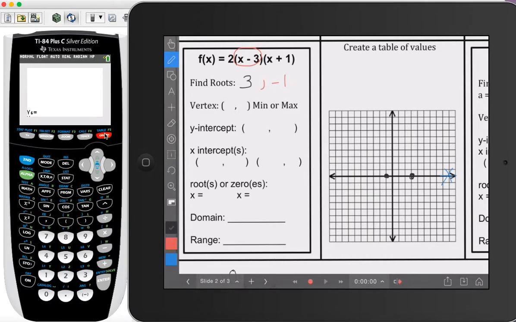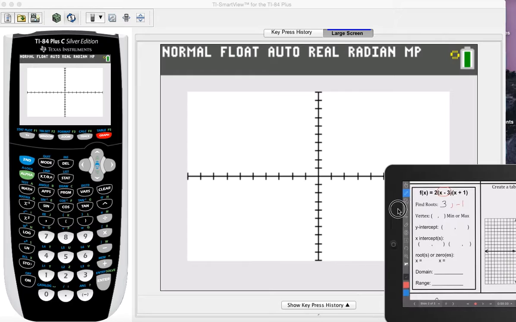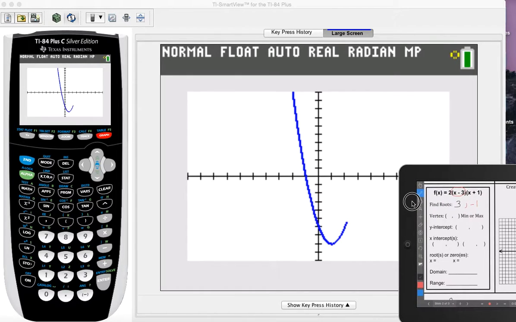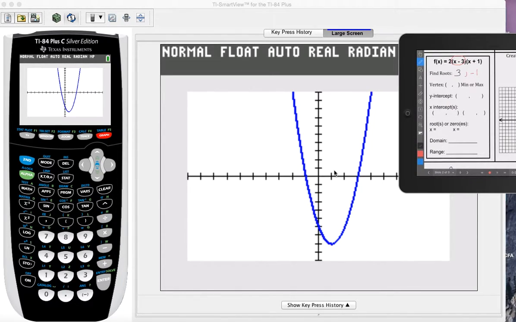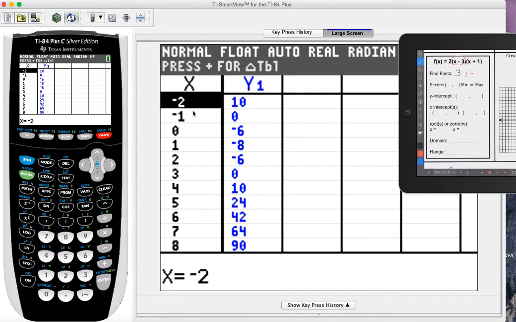Now let's graph it. Now I can tell that -1 and 3 are my roots, or I can just go to the table and I look for numbers or x values where the y is equal to 0.